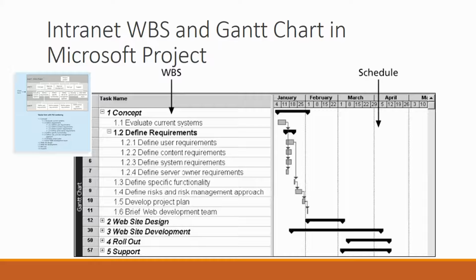And then over on the right, the schedule, because when we add tasks to our work breakdown structure, we are able to determine the duration of the task, when the task needs to start, when it needs to finish. We can assign resources to tasks to get those tasks completed.